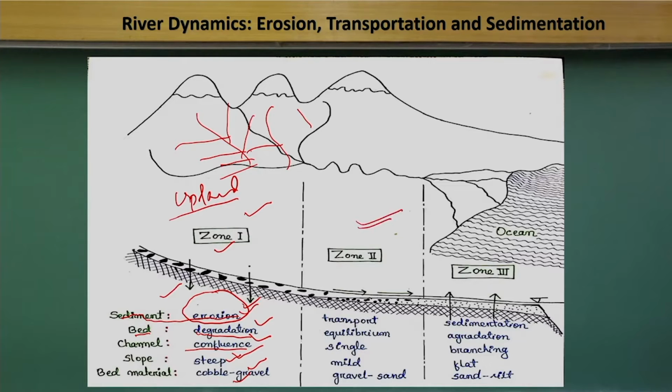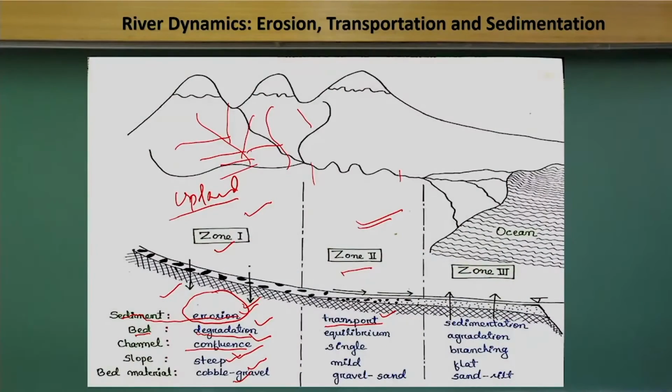Let us come to Zone 2, which is mostly in the fluvial plain regions, where you basically have the transport purposes. That means whatever water and sediment is collected in Zone 1 goes through this stretch of the river, the Zone 2 reach.